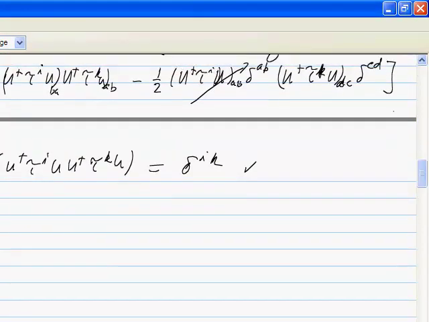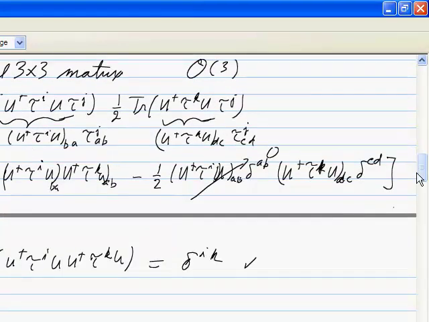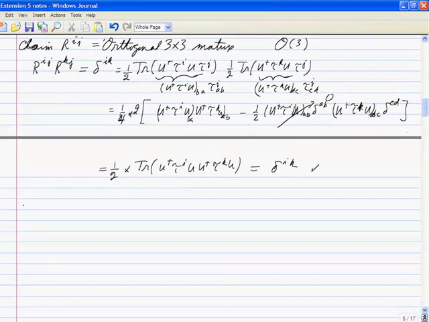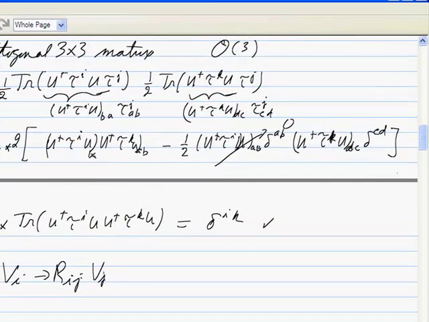So we've gotten out an O3 matrix out of an SU2 transformation. So this transforms like an O3 vector, which is, some V_i goes to R_ij V_j.